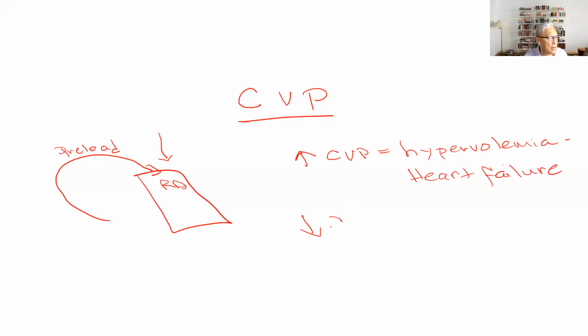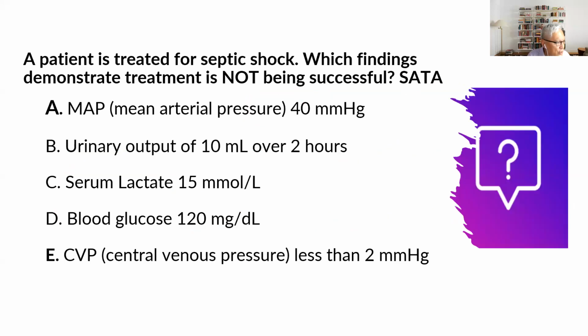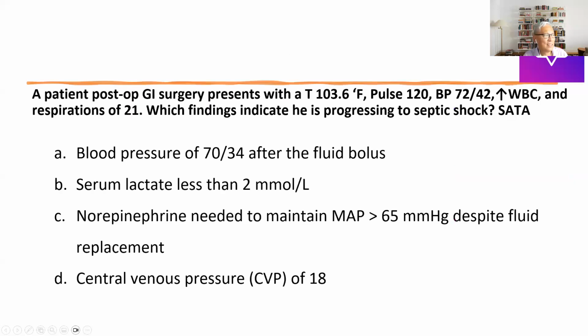Low CVP would therefore mean that you have hypovolemia. All right? So again, the CVP should be between 2 to 8 millimeters of mercury. And therefore, this particular question shows that the CVP is less than 2 millimeters. So that's bad. Okay. All right.